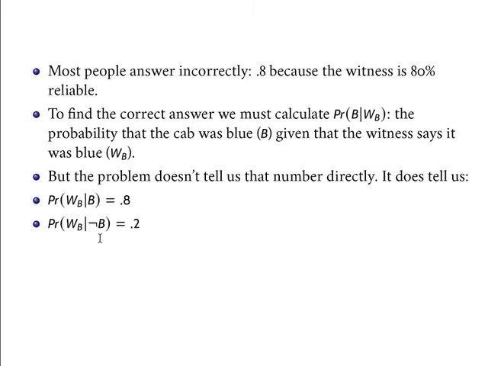So from the reliability of the witness, we know these two conditional probabilities. But these, so far, don't directly tell us the conditional probability in question, which is the probability that the cab is in fact blue, given that the witness says so. Now, we have to look at this additional information, which is the background distribution of overall cabs in the city. As I said in the setup, 85% of the cabs in the city are green and 15% are blue.